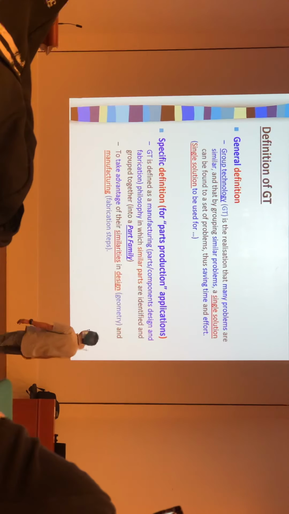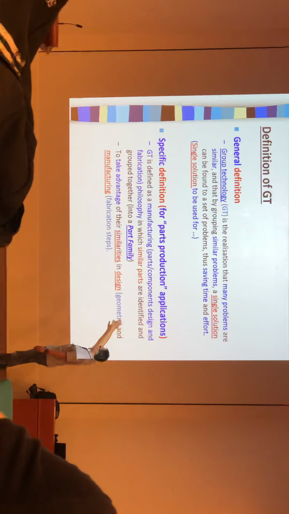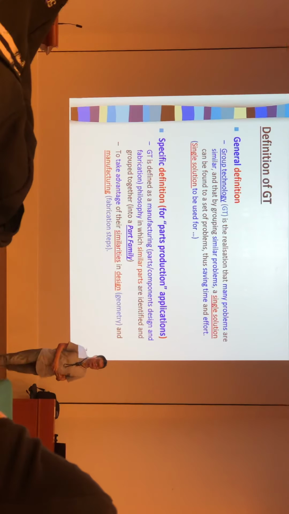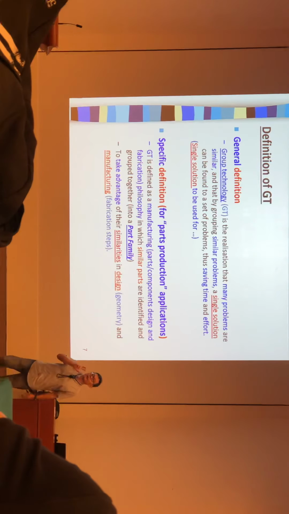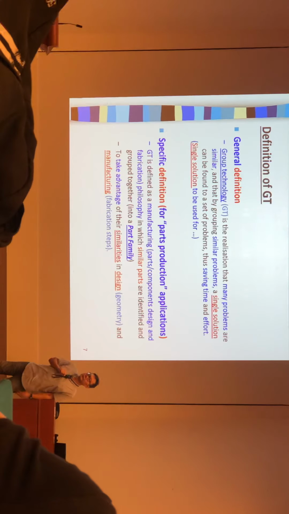So that's the idea. If we apply this GT, group technology, to parts production, there is a more narrowed definition. First thing is, what are the major engineering tasks in parts manufacturing?